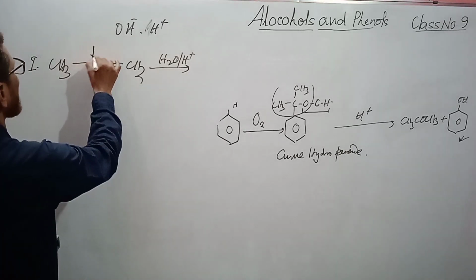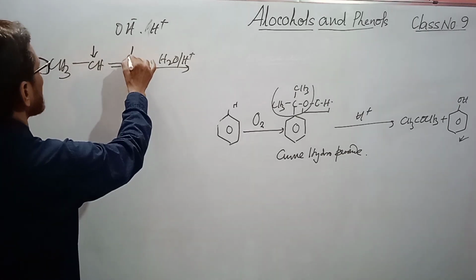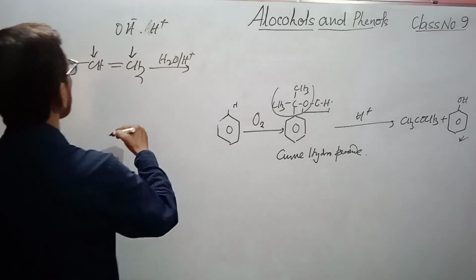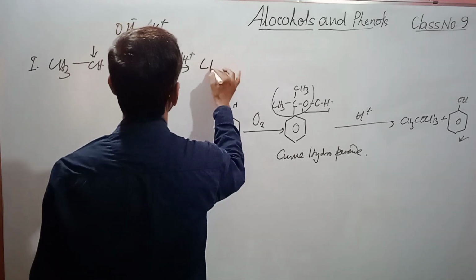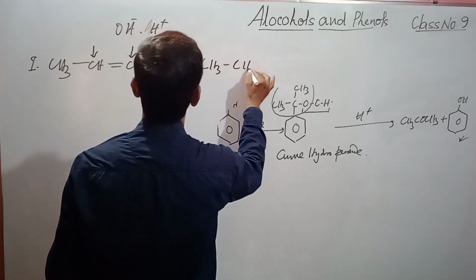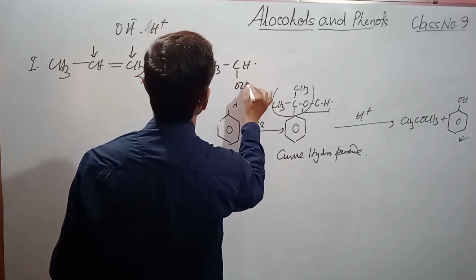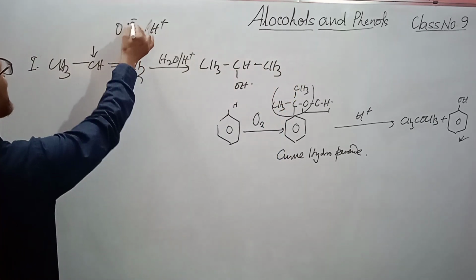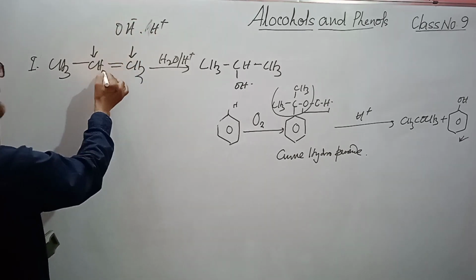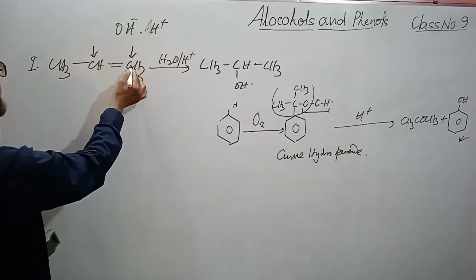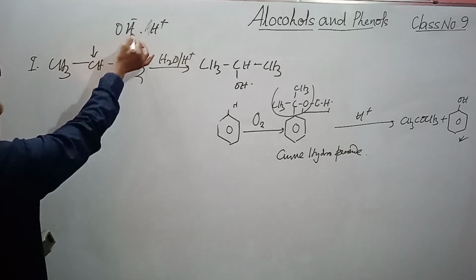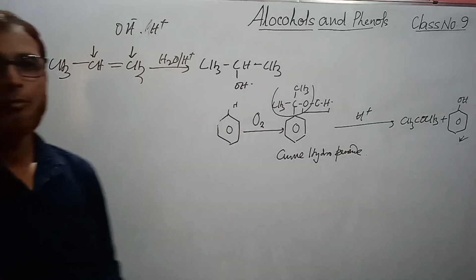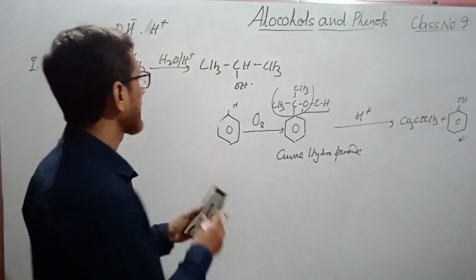One carbon has less number of hydrogens and one carbon has more. According to the Markovnikov rule, you just add and you will get the result: CH3 CH(OH) CH3. The negative part, OH, gets attached to the carbon of the double bond which has fewer hydrogens, and the positive part is attached to the carbon having more hydrogens. You will get this one.